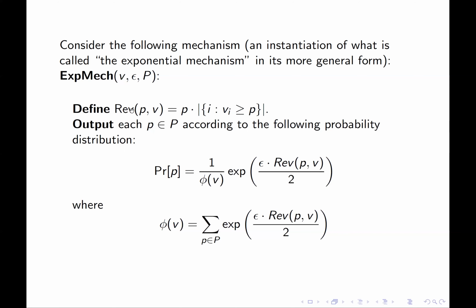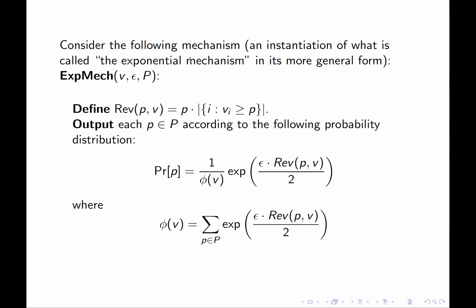So this expression, the revenue that price P obtains on the vector of valuations V, is the thing that we want to maximize. Our naive approach, the thing we mentioned on the first slide that didn't work, was just to look at the bids and pick the P that exactly maximized this expression. That doesn't work. And of course, it's not differentially private because it's not a randomized algorithm.